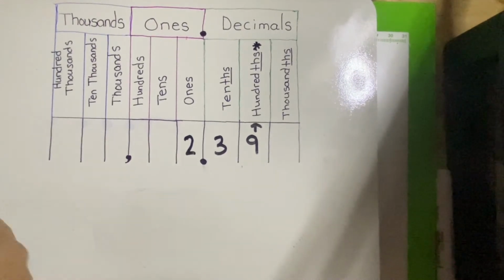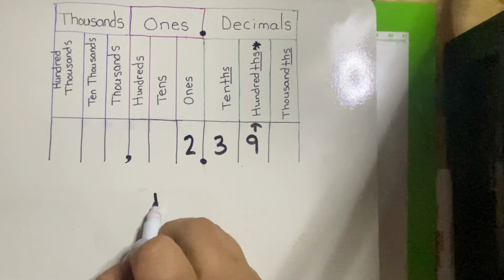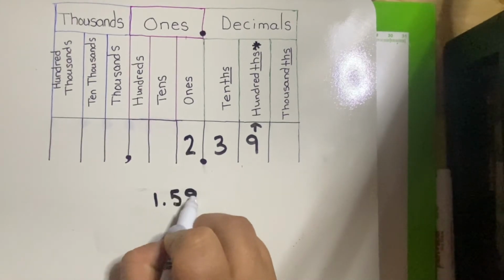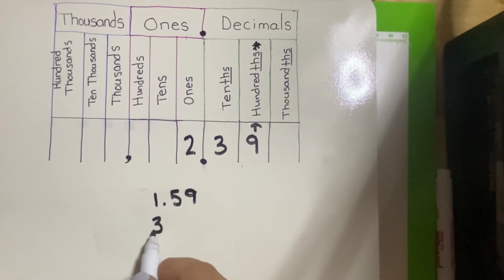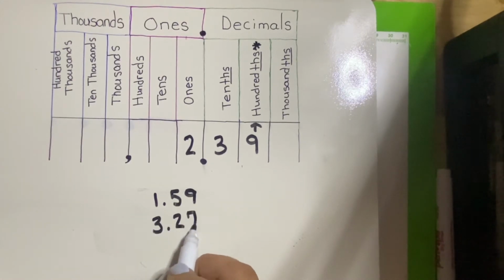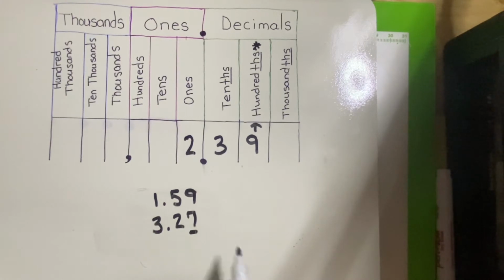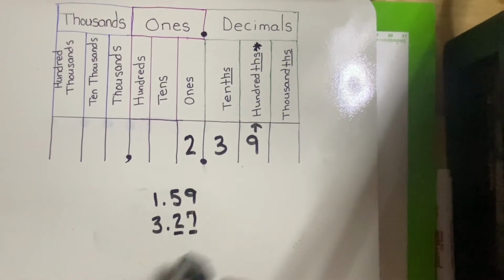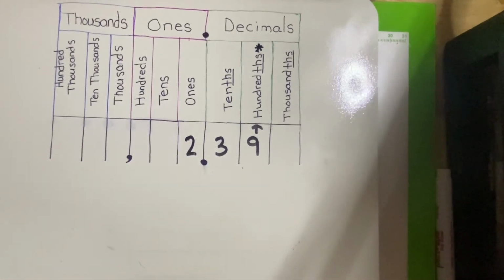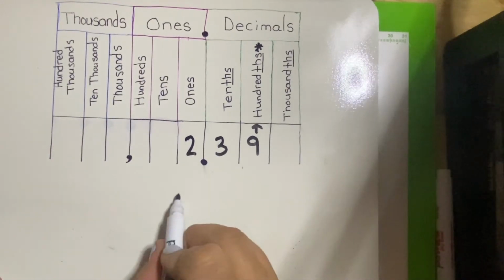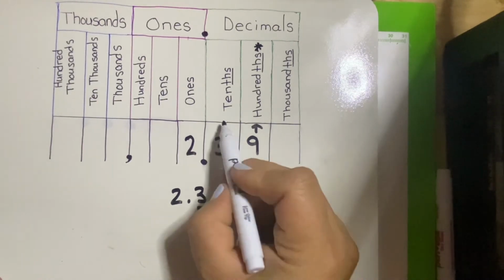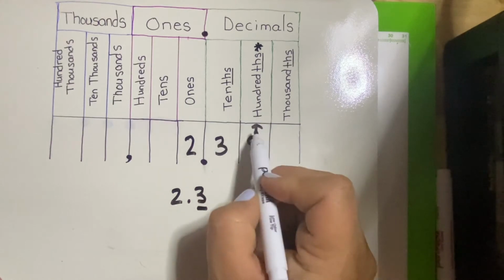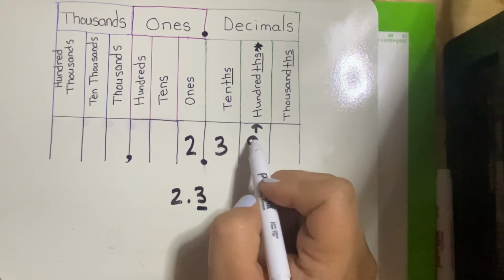I can say the same thing with any of these numbers. 1 and 59 hundredths, 3 and 27 hundredths, because it's the second spot over, right? We were just talking about tenths. We would have said 2 and 3 tenths because that's what we were talking about. We're now talking about hundredths as well.